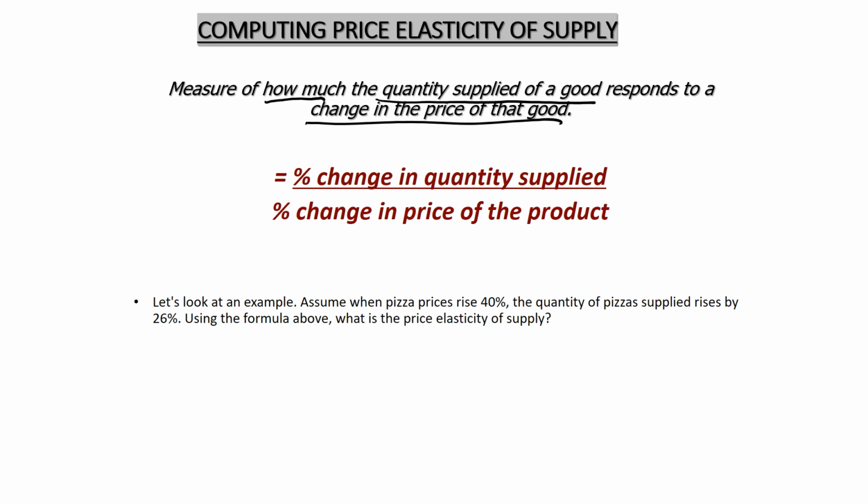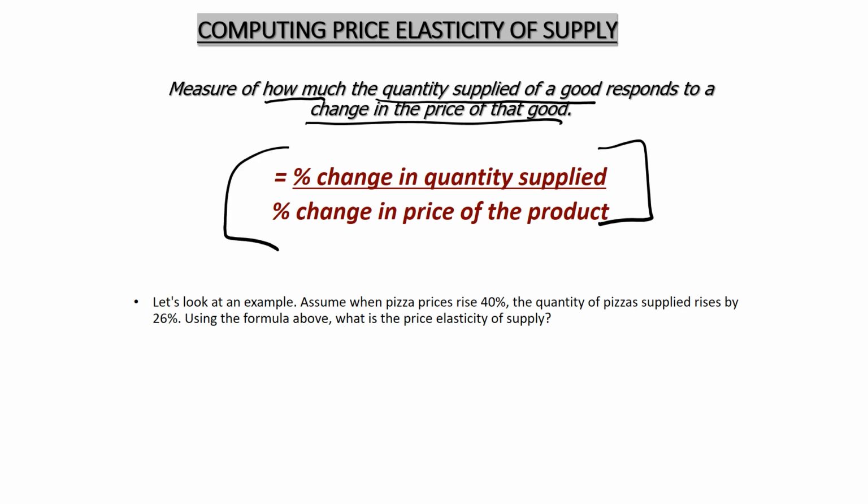Demand was responding to changes in price. Here, supply is also responding to changes in the price of that good. So we're measuring how much the quantity supplied of a good responds to a change in the price of that good.